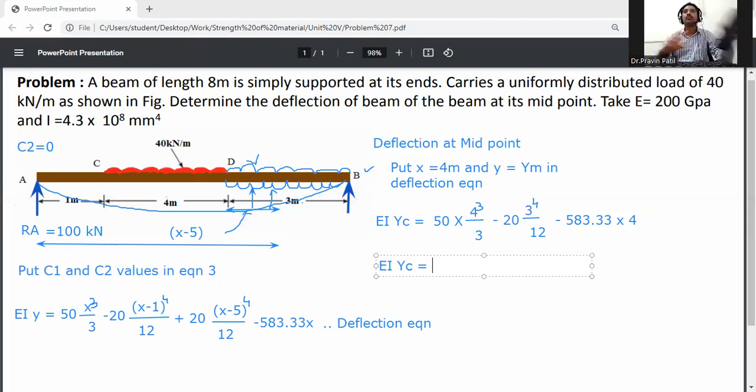From this relation, EI yc is equal to 4 raised to 3 divided by 3 into 50, so 9600, then minus 3 raised to 4 divided by 12 into 20, that is 135, then minus 583.33 into 4, it will be 233.32.